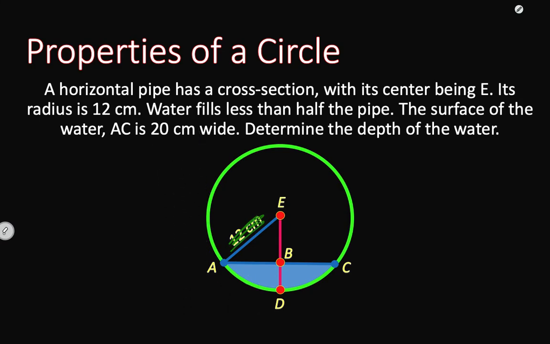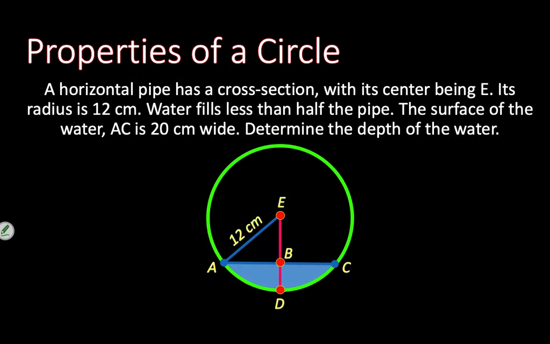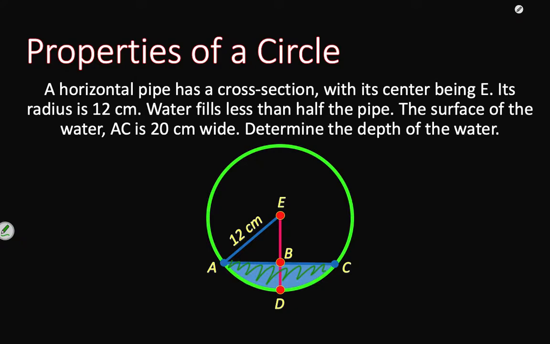Then I tell you, E is at the center, so that means we can use all of the rules we've been learning. It says the radius is 12 centimeters, and that's how we were able to fill that part in right there. Then it says water fills less than half the pipe, so I can see this is the water level right here.